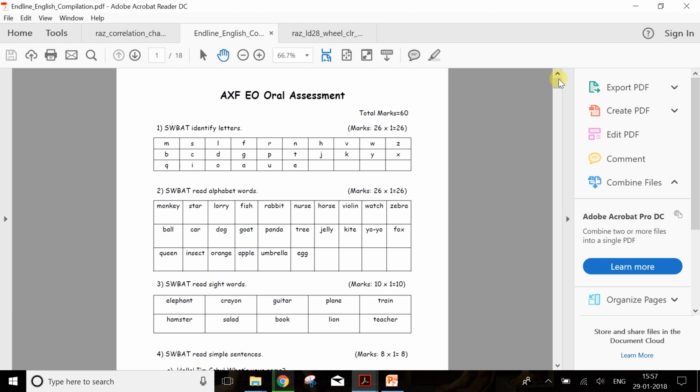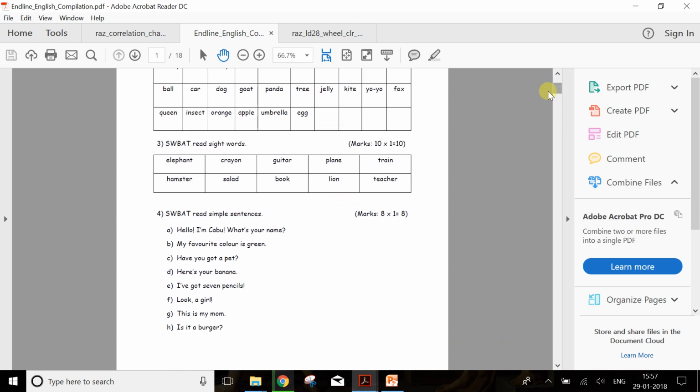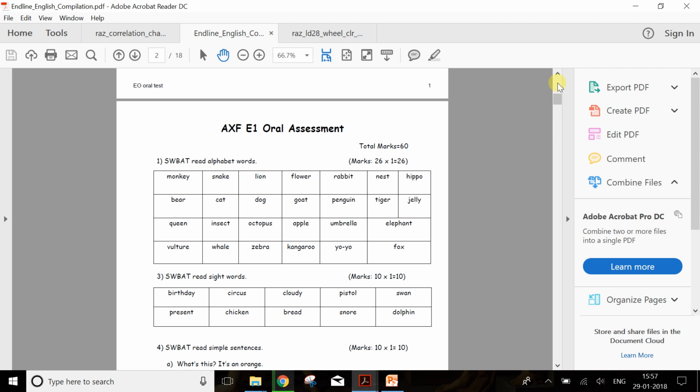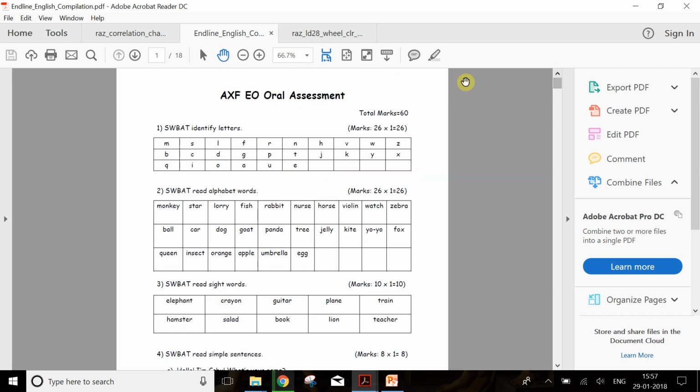The same goes to the words also. Same goes to sight words also. For this, the child should be able to read the whole sentence. So if the child is able to read the whole sentence, the child gets 1 mark. And remember, we are just assessing reading accuracy, not the expression or the punctuation. So E0 and E1 is of same pattern. So we'll be able to easily understand the total marks of the child.